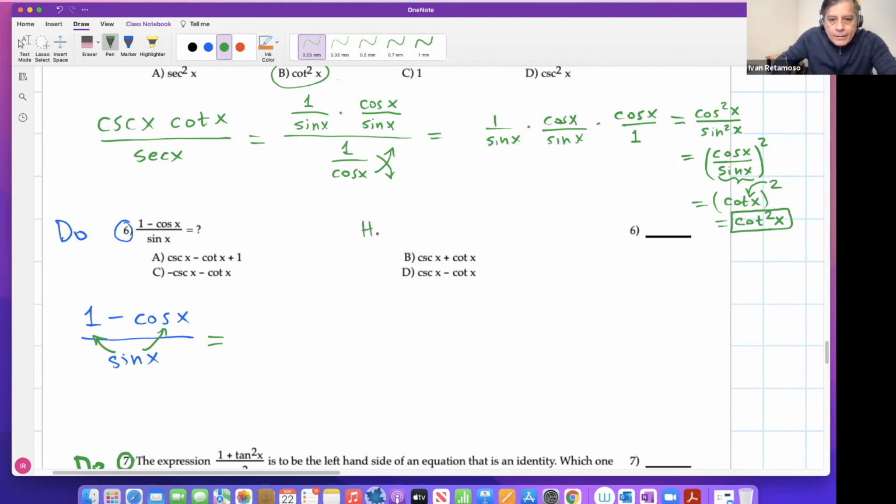Hint, recall that 1 over sine by the reciprocal identities is cosecant. And cosine over sine, someone figured this out, by the quotient identity is cotangent. Very good.